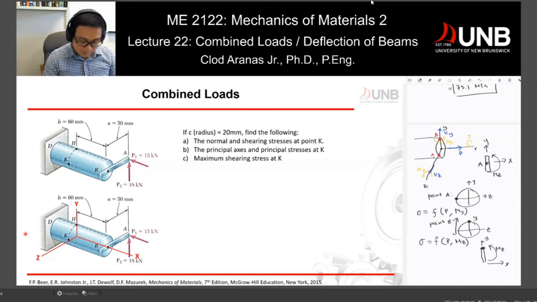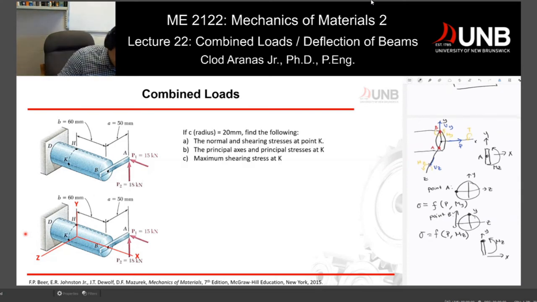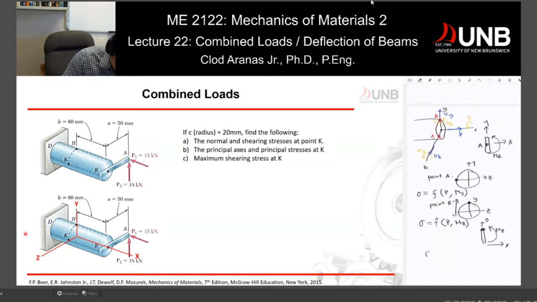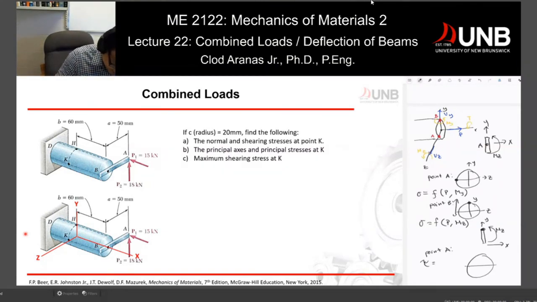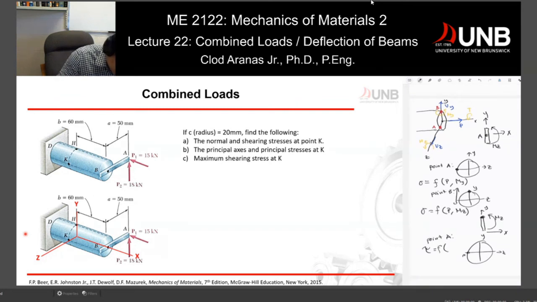So how about if we apply shear? This is for normal force. How about for shear? Let's look at point A. So tau at point A, again, we are referring to this point right here. That's A, and that's Z, and that's Y. Now, your torque would always be a factor for your shear, so I put torque right there.